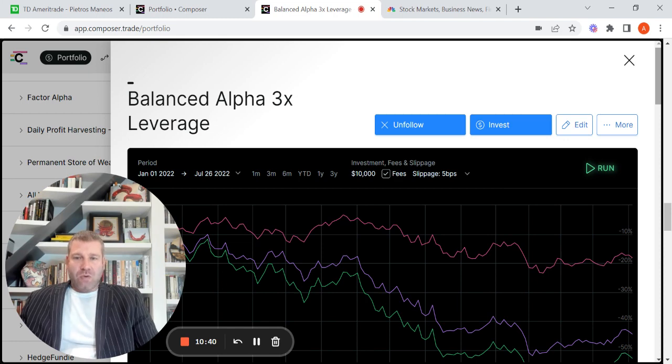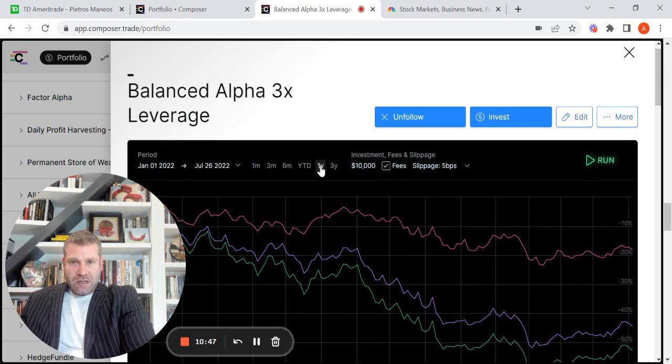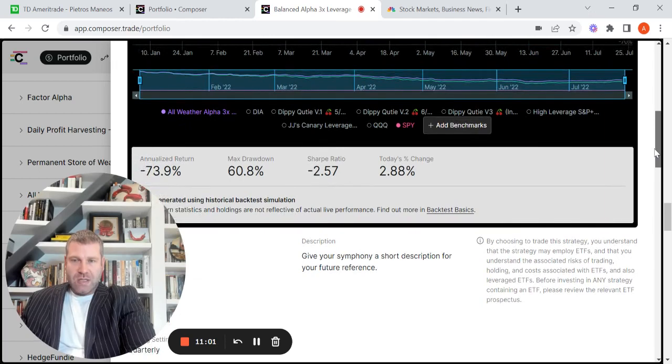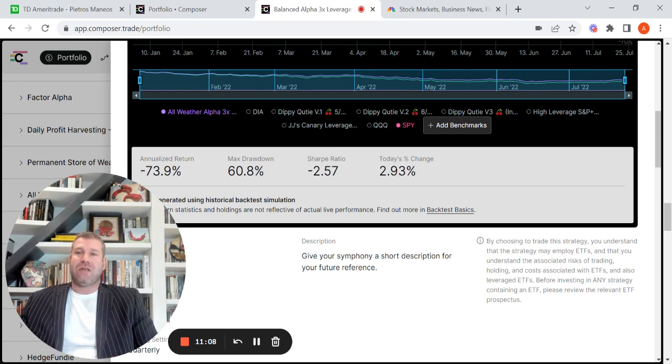But I wanted to show the volatility here in Balanced Alpha and All Weather. If someone looks at this, let's go year to date in Balanced Alpha. Okay, so we're January 1st till now. You can see, look at that, 73.9%. Let me say it again, negative 73.9% year to date.